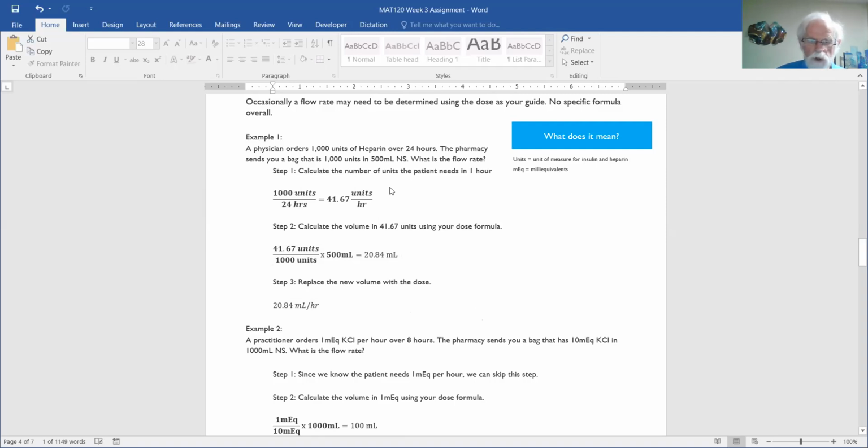Now you'll note that it's supposed to be over 24 hours, and at 21 milliliters per hour, it will actually go in a little bit faster. The nice thing about these infusion pumps is that they have alarms on them.